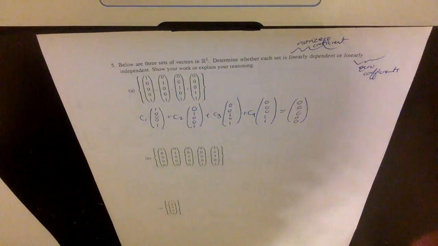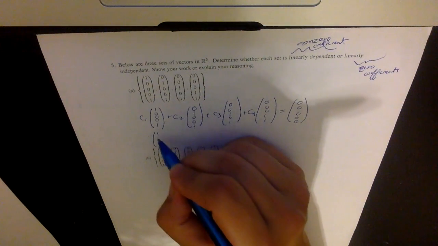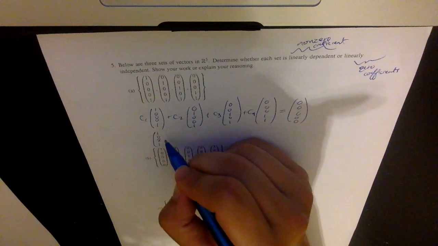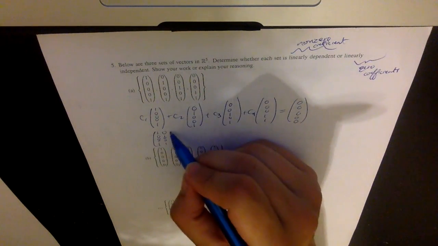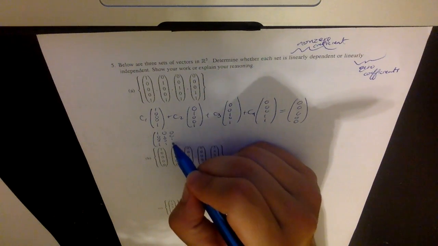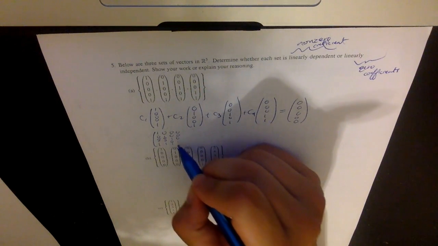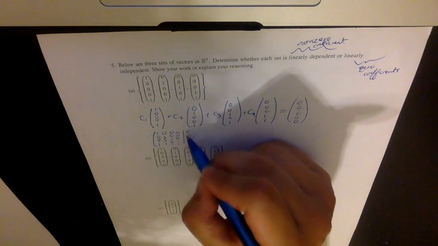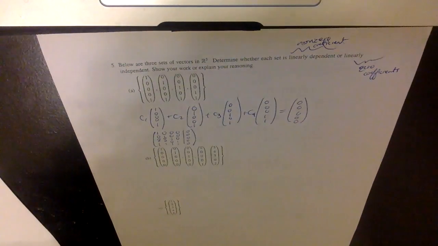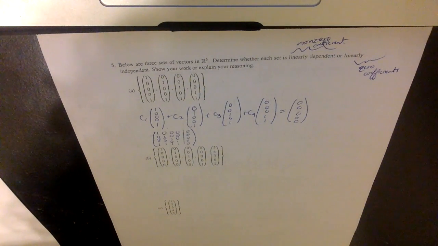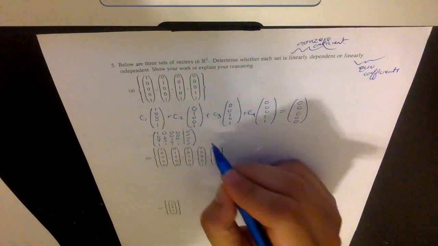Okay, so let's set up our augmented matrix. So 1, 0, 0, 0, 1, 0, 1, 0, 0, 1, 0, 0, 1, 0, 1, 0, 0, 0, 1, 1, 0, 0, 0, 0, 0. Okay, cool. So let's do one step of row reduction.